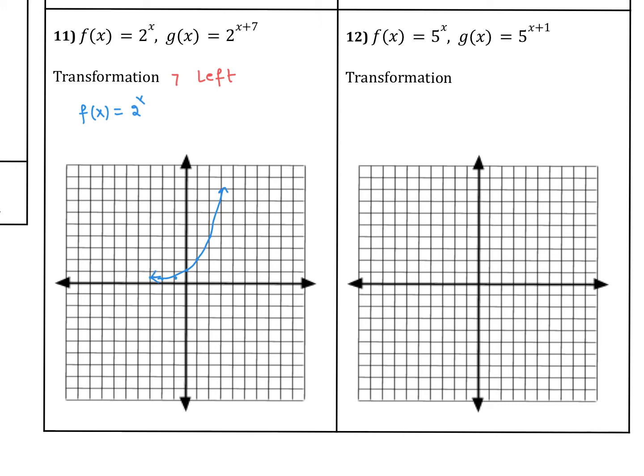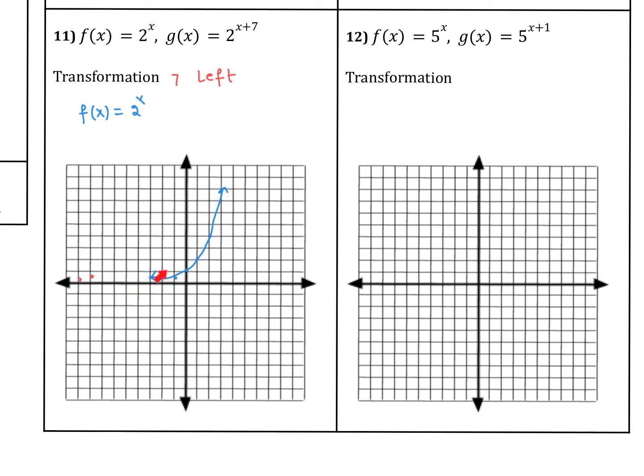I'm going to move this 7 unit left, means all the points are going to move 7 unit to the left side. So this one is 1, 2, 3, 4, 5, 6, 7 right here. So this is right here. And next point is this one right here.